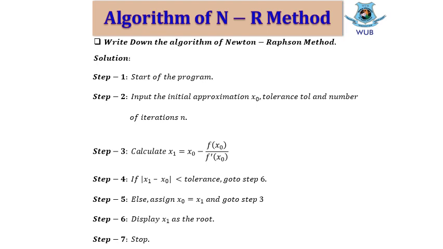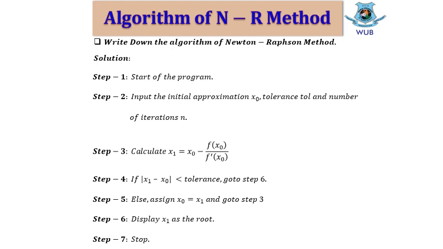So, what's the algorithm? For any method, we have to start the program by initializing variables, header files, and so on. And as before, you need to take some initial values of A, B, tolerance, and total number of iterations.